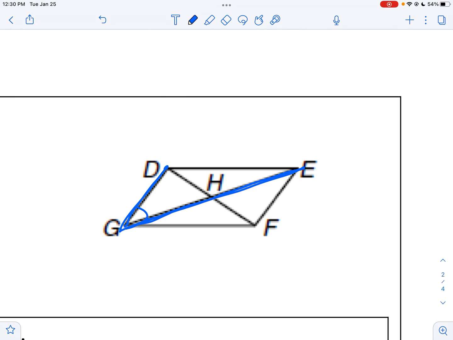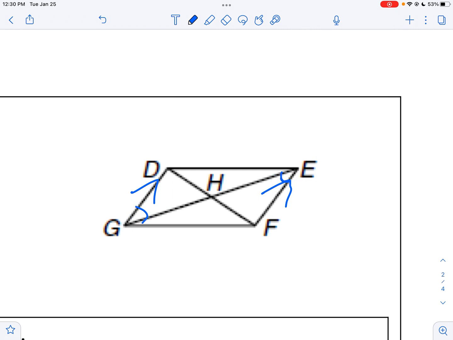Well, to get that something, you have to remember something about parallel lines and transversals. So we already know these two sides are parallel to each other. Add a little arrow there. And if two lines are parallel and you have a line that cuts across them, the alternate interior angles are congruent to each other. And what that means is this angle and this angle are congruent.